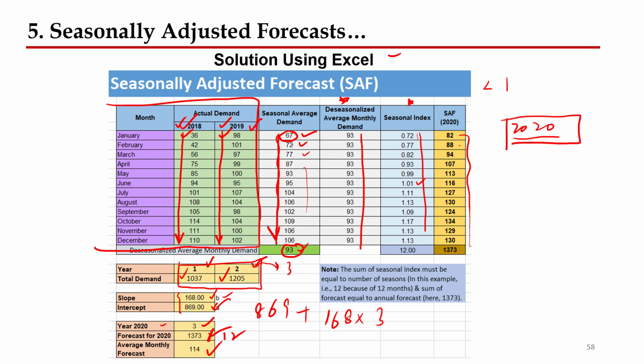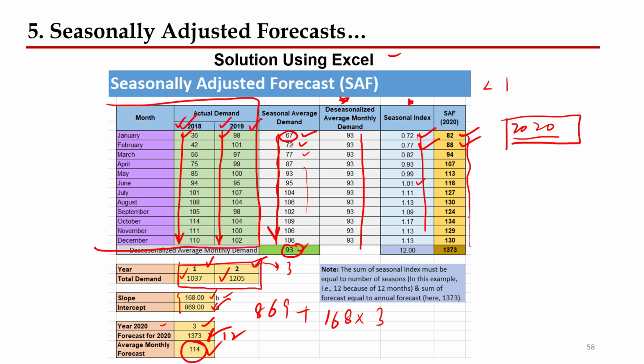Now, in order to calculate every month's seasonal forecast, we multiply this 114 by 0.72, and we get the forecast value for the month of January. Same is the case with 0.77 multiplied by 114, which gives the forecast value for the month of February, and so on.